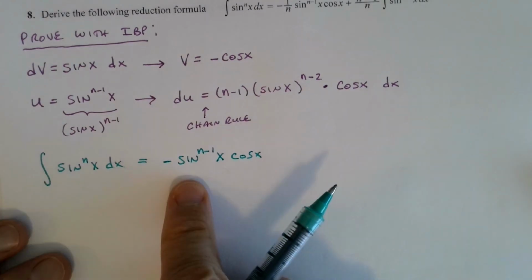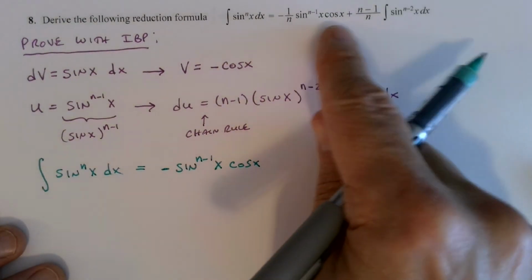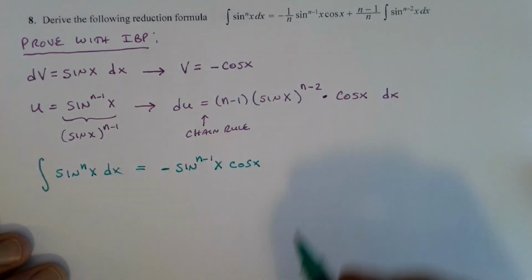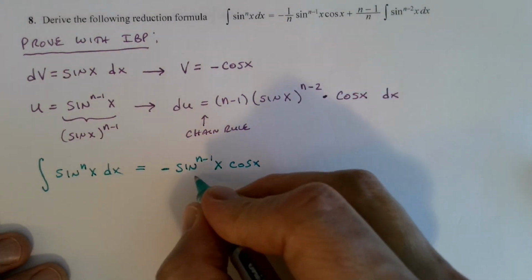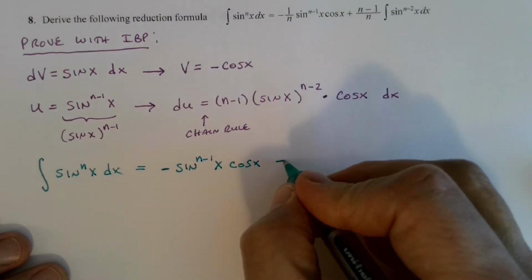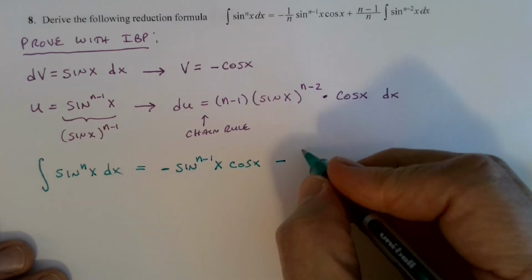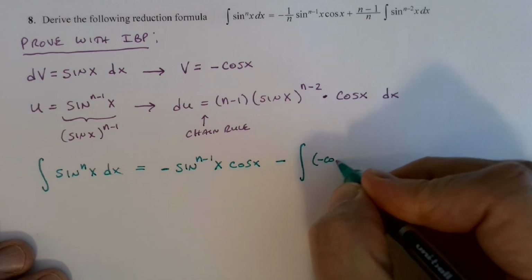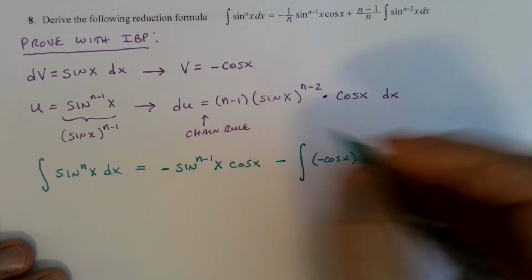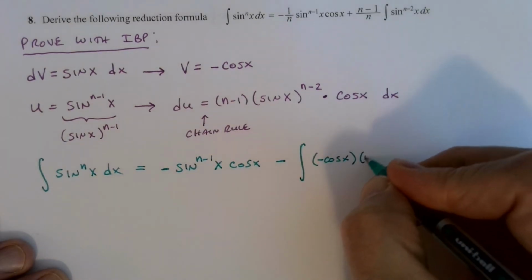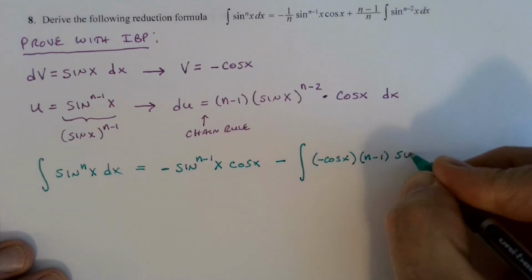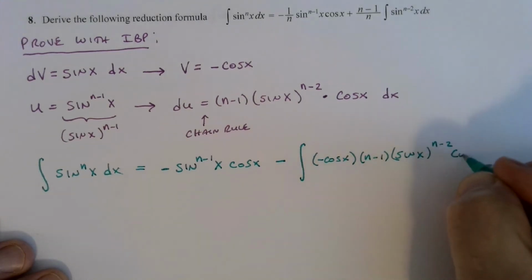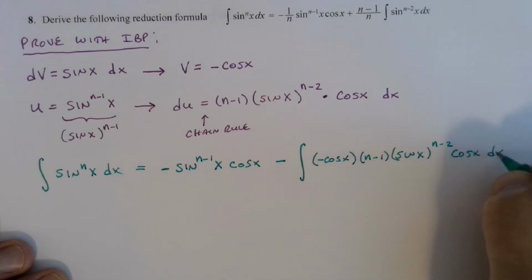You might look at the formula and say, hey, we already got part of it going there, except what's this thing? Well, we'll look at that in a minute. So that's uv minus the integral of v, which is negative cosine of x, du, and du is all this long stuff here, n minus 1 sine of x to the n minus 2 cosine of x dx.